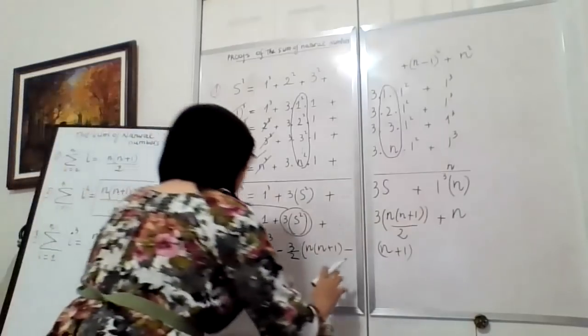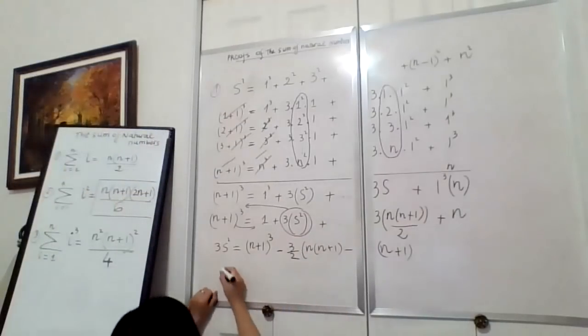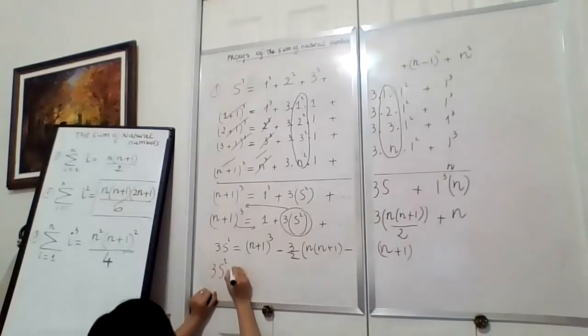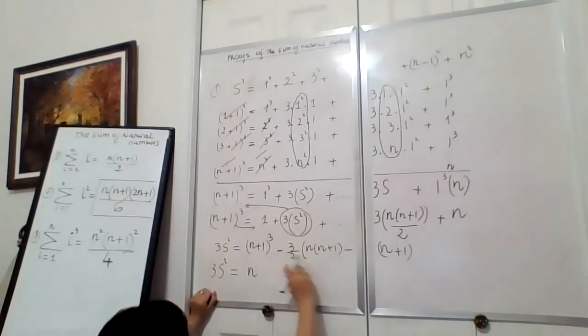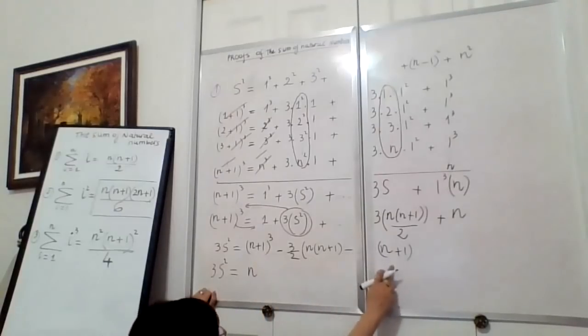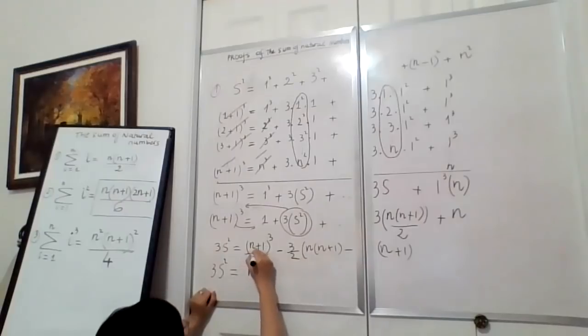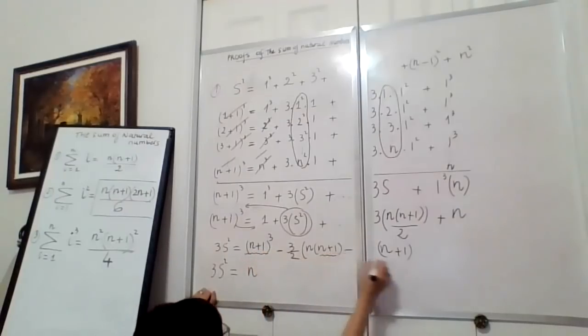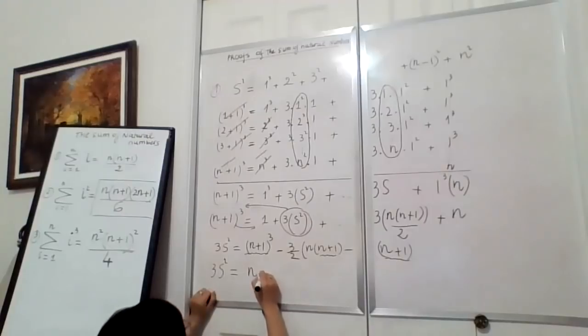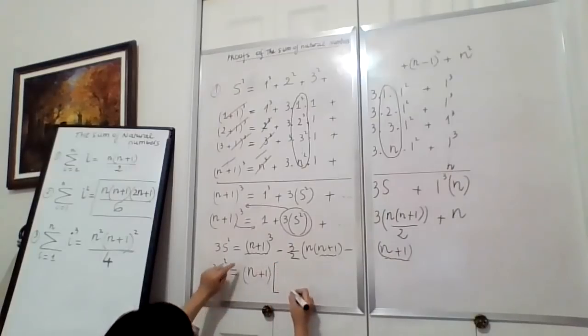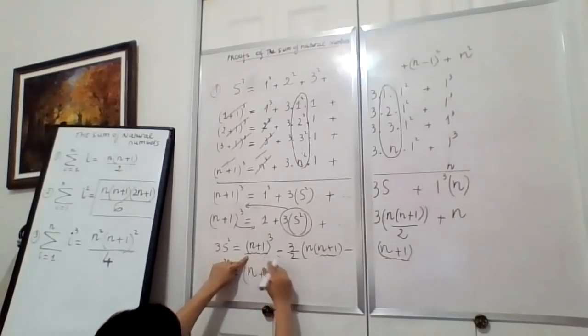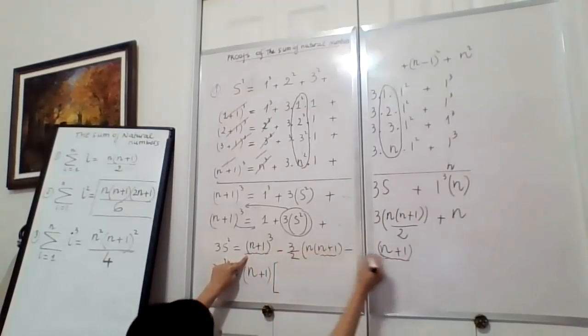So that makes sense. Now, I want to factor out, so I'm going to say this is 3s squared equal. They have n plus 1 in here, n plus 1. So I factor out the common factor, which I call n plus 1, in all of them. After I factor this out, I need to multiply back to get exactly the same expression.